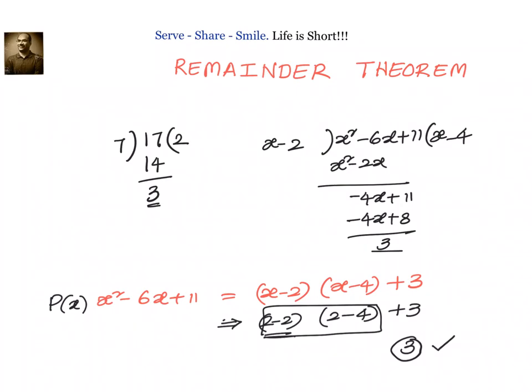So let's write down the remainder theorem. I will repeat again. If a polynomial p of x of degree more than or equal to 1 is divided by a linear polynomial x minus a, then the remainder is p of a. Let's write that down.